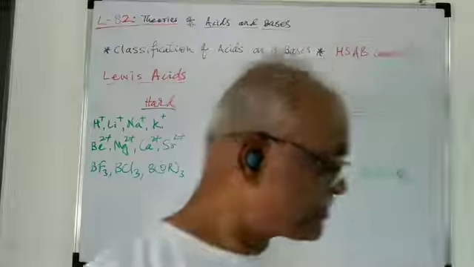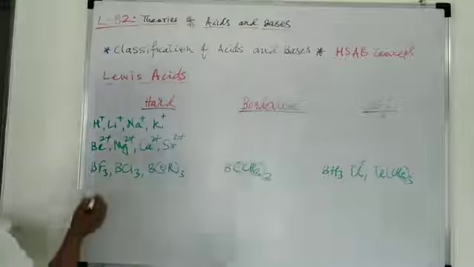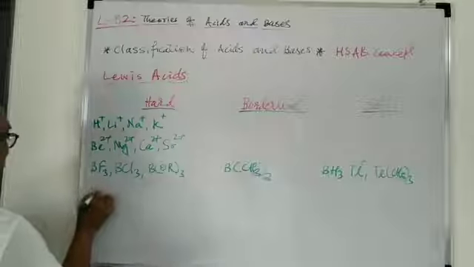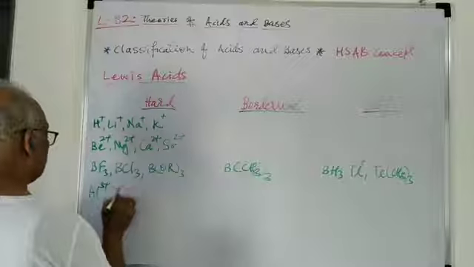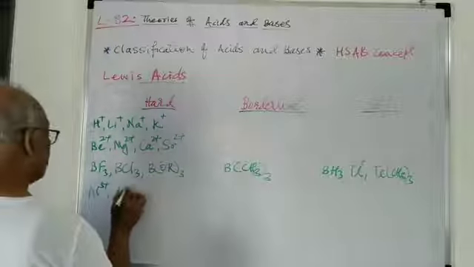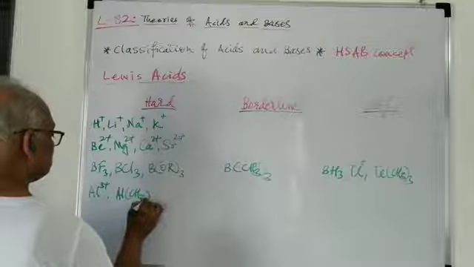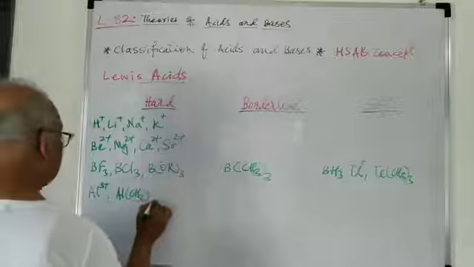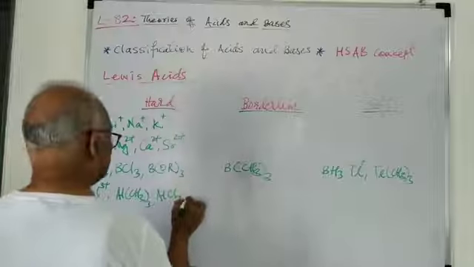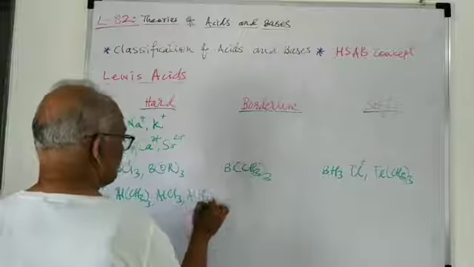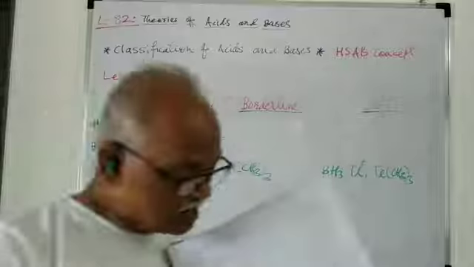Then next is aluminium. If we consider Al3 plus, harder, Al(CH3)3, then AlCl3, then AlH3. These are also harder species.